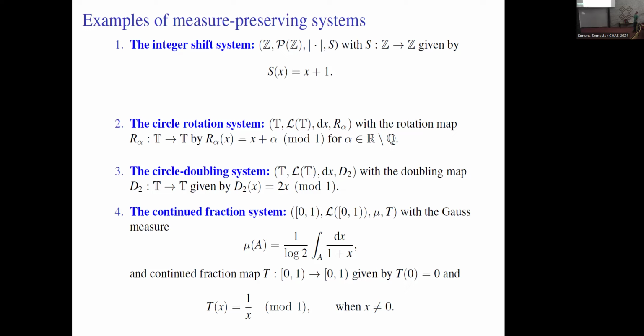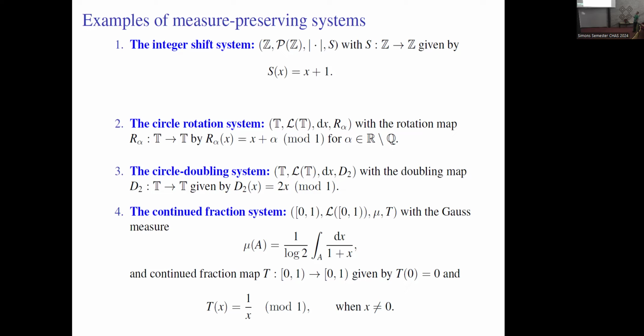Another important system, also from number theoretic and some statistical applications, is the circle doubling system. This is also the torus with Lebesgue measure and Lebesgue sigma algebra, and the doubling map is defined this way: we multiply by 2 modulo 1 on the torus. This also can be checked to be a measure preserving system.